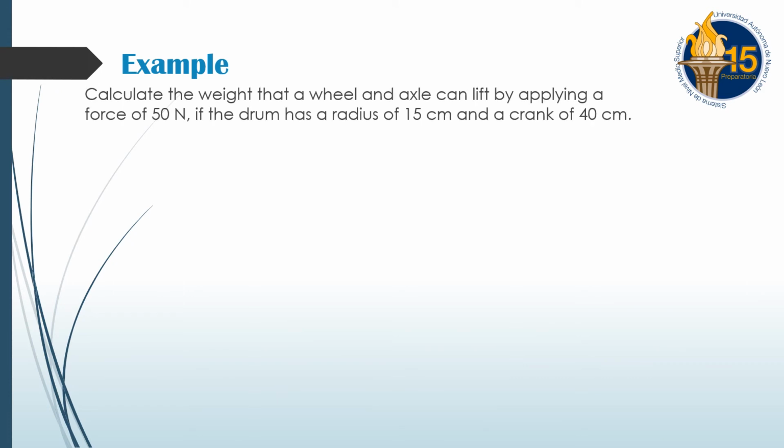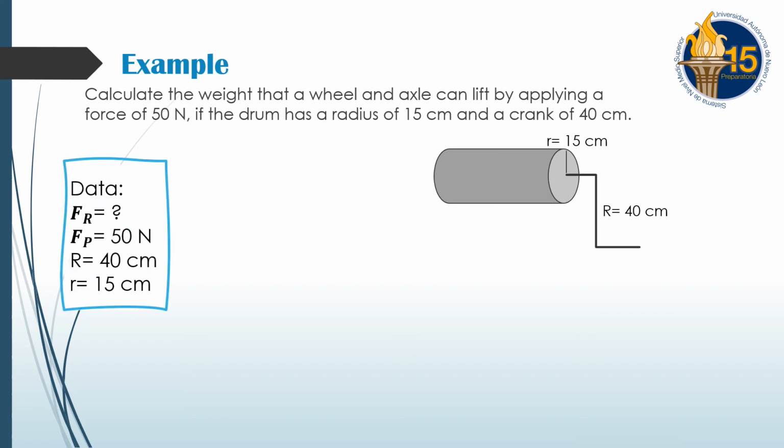In the following example, we need to calculate the weight that a wheel and axle can lift by applying a force of 50 Newton. If the drum has a radius of 15 centimeters and a crank of 40 centimeters, the algebraic expression for the wheel and axle is effort force times the length of the crank equal to the load force times the radius of the drum.